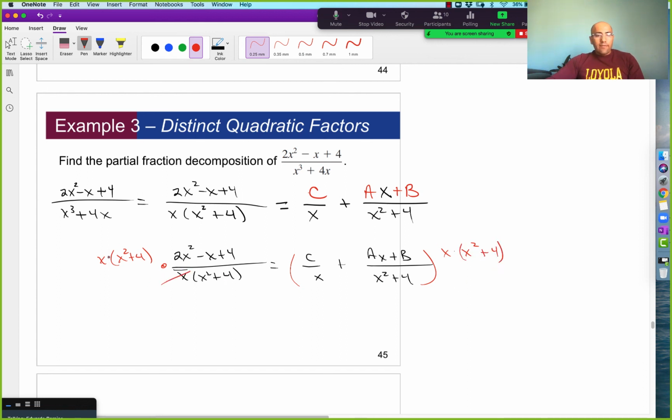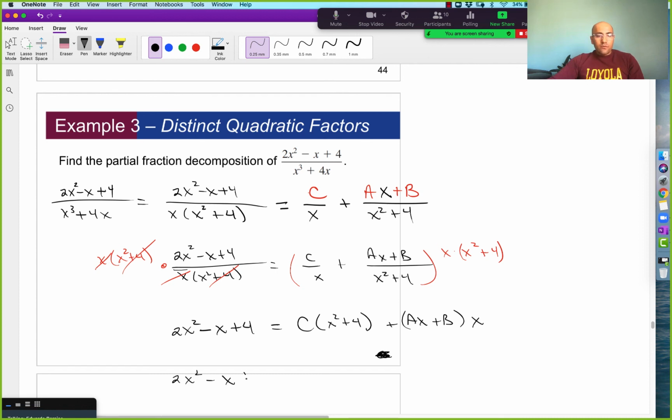On the left-hand side, everything cancels, just like before, so we end up with 2x squared minus x plus 4. After I distribute, I'll end up with c times x squared plus 4, because the x's will cancel, plus ax plus b times an x, because the x squared plus 4s will cancel. Good. Then everything else is exactly the same as before.